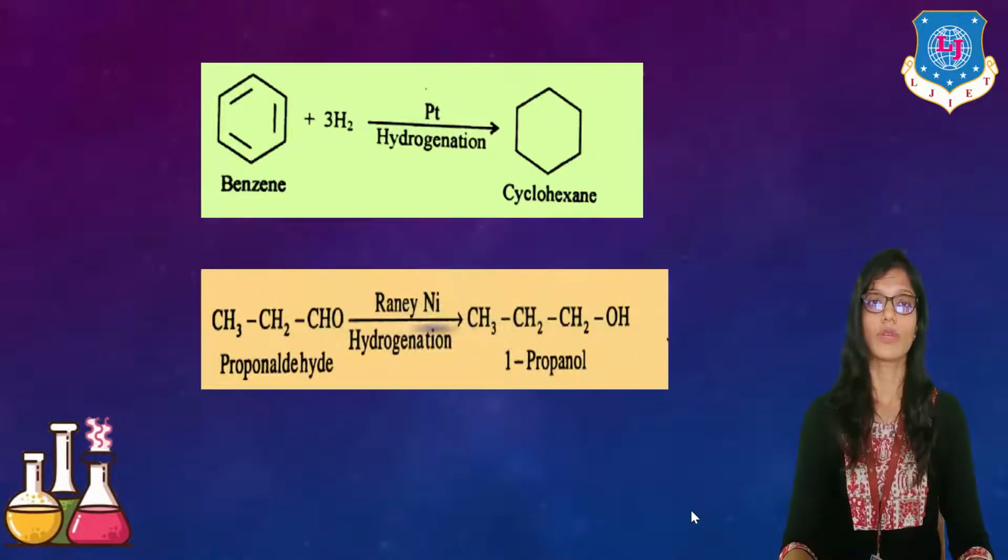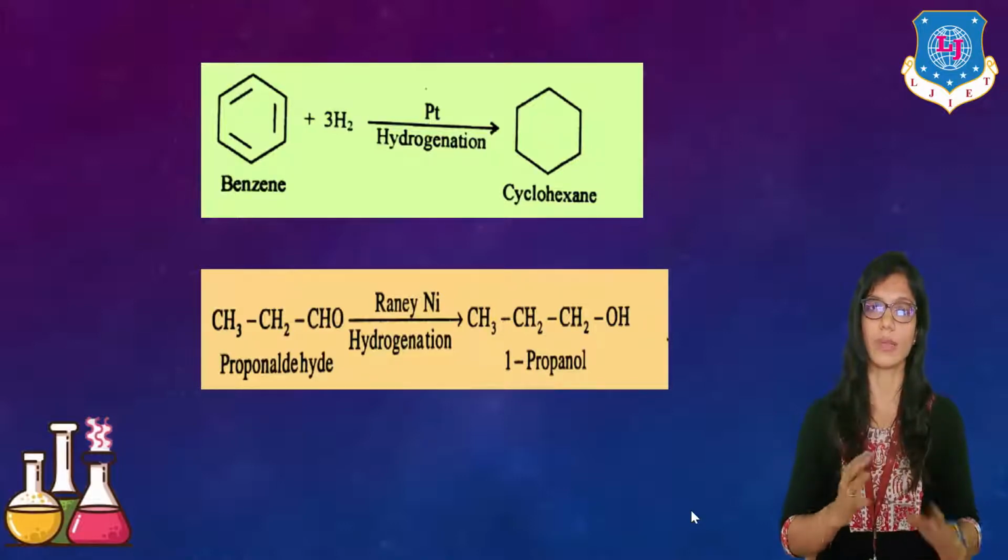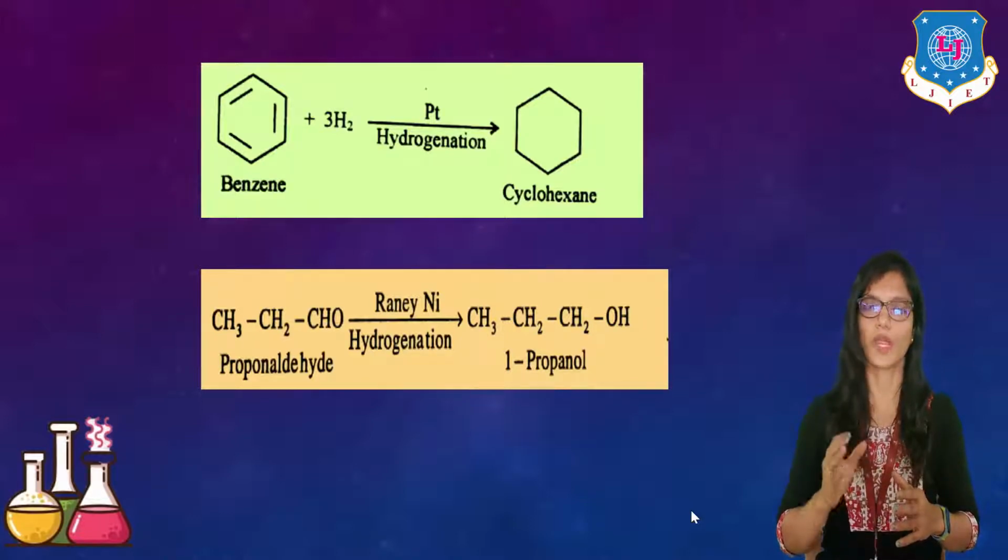If we talk about another example, we have here propanaldehyde. CH3CH2CHO reacts in the presence of Raney-nickel. Here the catalyst is Raney-nickel, hydrogenation is done and it will convert itself into 1-propanol.